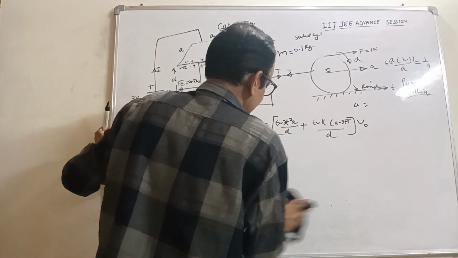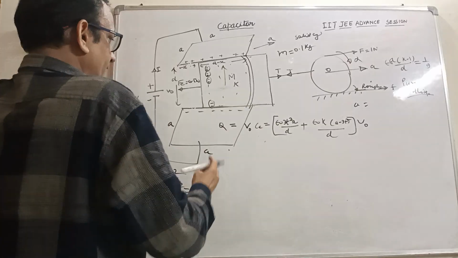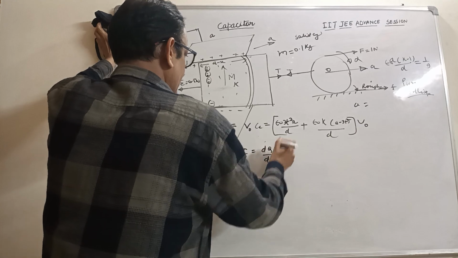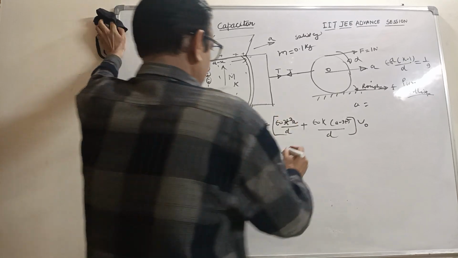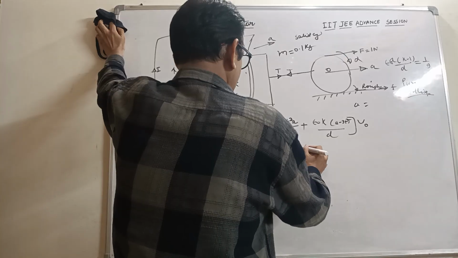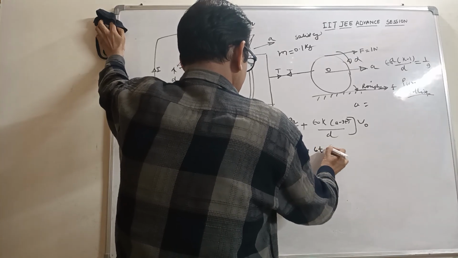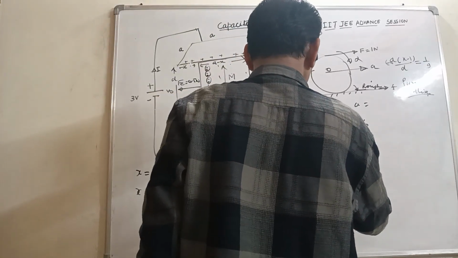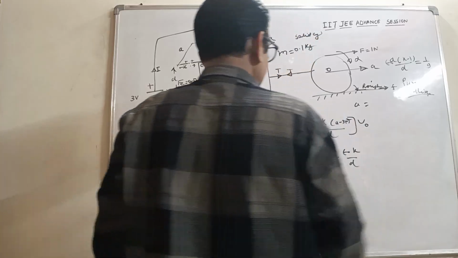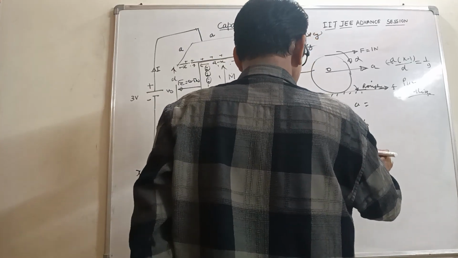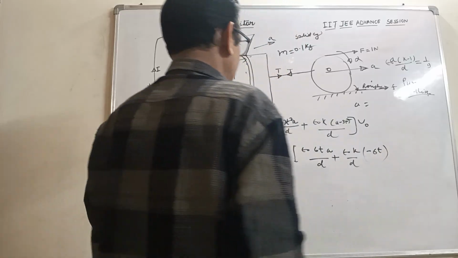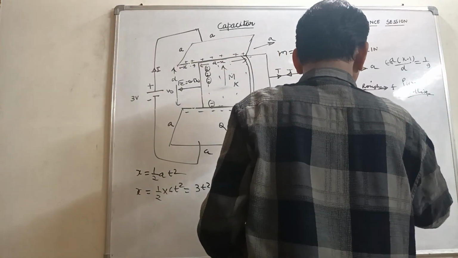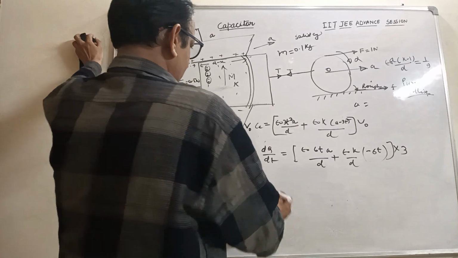So by solving this, differentiation with respect to t, I would be dq by dt. So this would be epsilon naught 6t a by d, and this becomes epsilon naught k by d. Differentiation of a is 0, or this becomes minus 6t into V naught. V naught is 3, putting the value here.